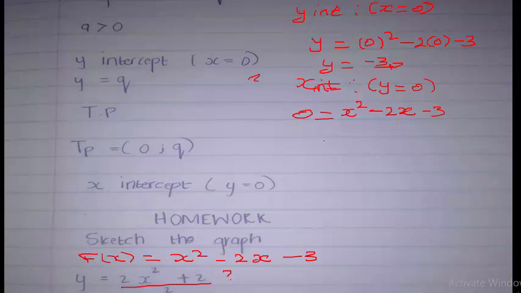Does this factorize? It looks like it does, right? To get our x-intercepts, we'll simply have our two brackets right there. 3 will be negative times 1, so let's have our x's on both sides, x and x. This one will be positive, so that this can return to that. All this equals naught.